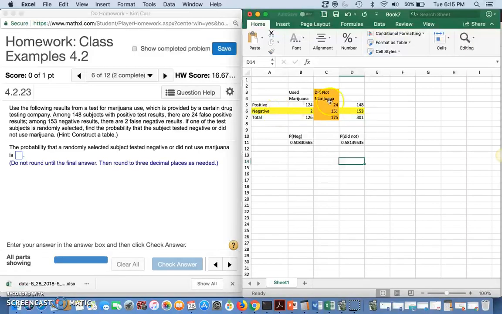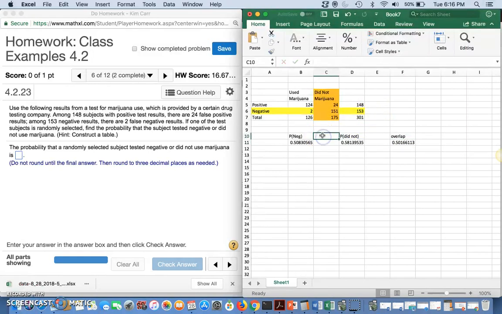Okay, can you see where it overlaps? Okay, what is the overlap? The probability of what's in the overlap would be equals sum. The overlap is this 151 divided by the total.